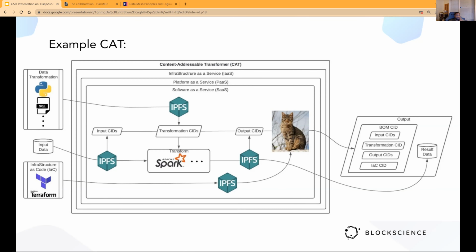In this case, it's Spark, which will also transform the input data CID, that provenance record entry, to produce an output, which is a combination of another record entry and the result data. And as you can see, the cloud service model is encapsulated in a CAT for which a multidisciplinary team collaborates on a single CAT.